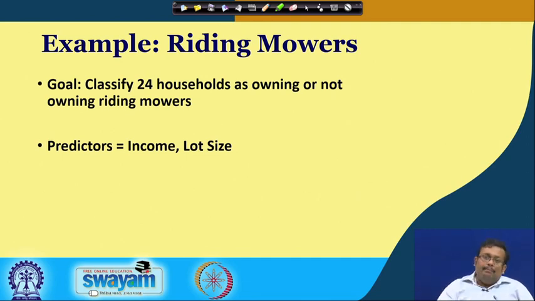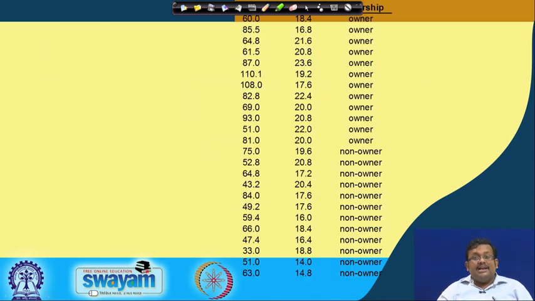Let us see our example, which I have seen lately, so that it will be easier for you to understand. Our goal is to classify 24 households as owning or not owning riding mowers. Our predictors are income and lot size. You can see these are 24 observations.